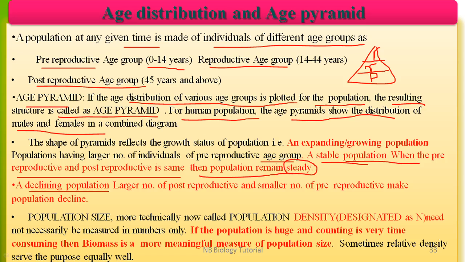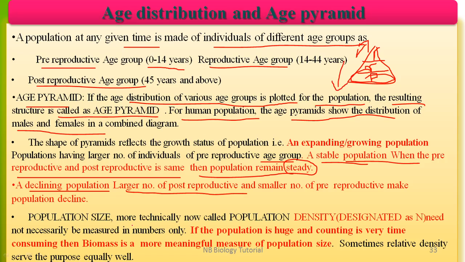What does a declining population mean? When there is a large number of post-reproductive and a small number of pre-reproductive individuals, the population is a declining one.